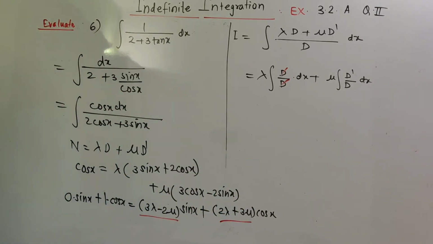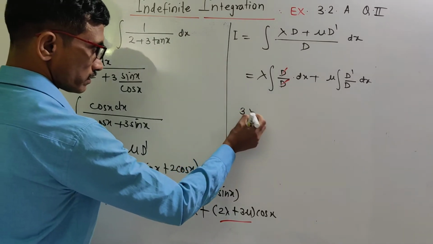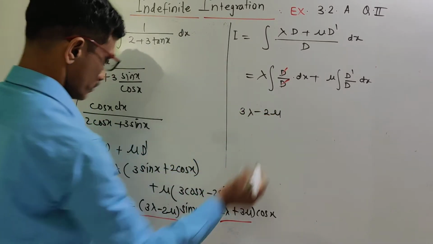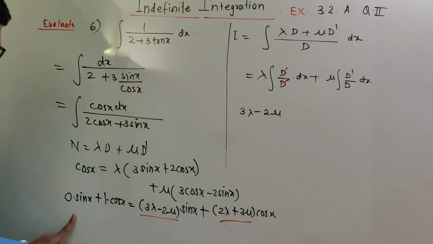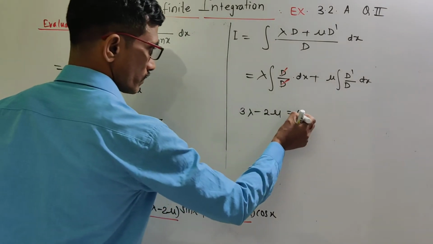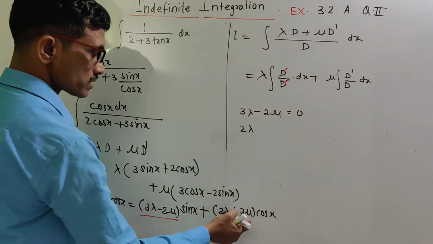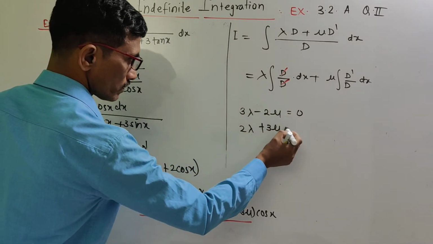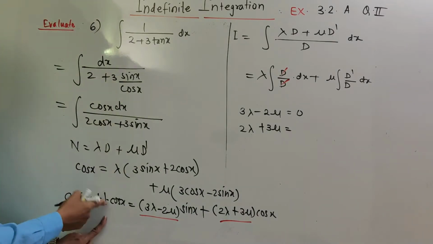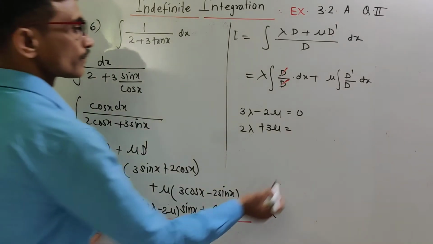We equate them so that 3 lambda minus 2 mu, which is the coefficient of sin x, is 0, and 2 lambda plus 3 mu is equal to 1, which is the coefficient of cos x.